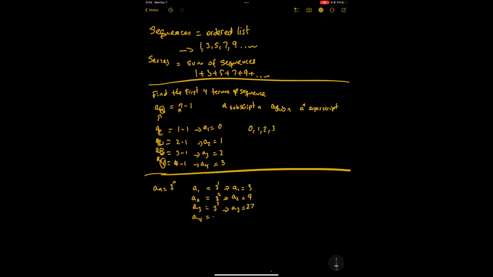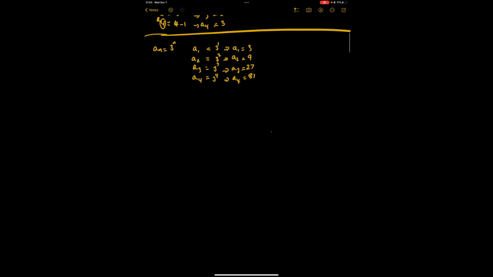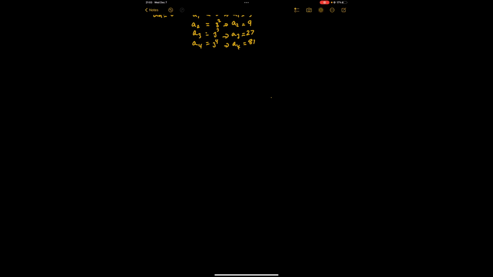And a4 will be 3 to the power of 4, which is a4 equals 81. You can see that everything here is a power of 3. So 3 squared equals 9, 3 to the power of 3 equals 27, 3 to the power of 4 equals 81. So basically that's a sequence of powers of 3.